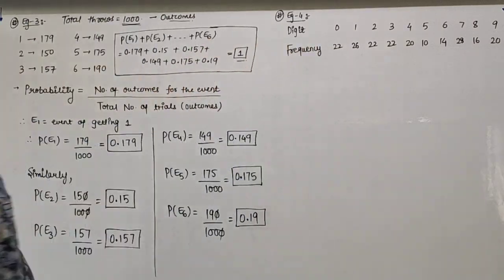What do we require? Without looking at the page, the pencil is placed on one of these numbers. That is, the number is chosen at random.